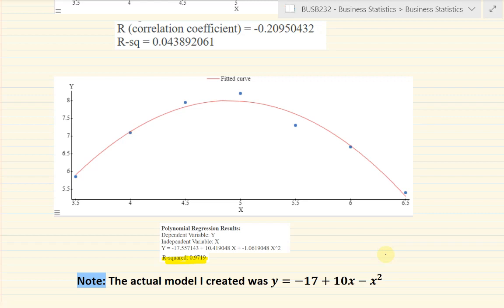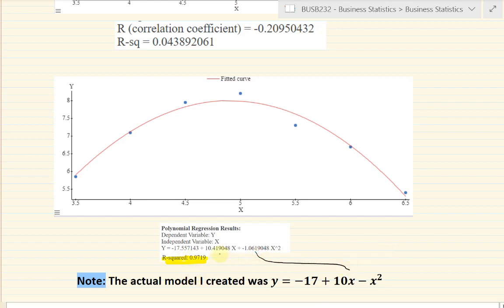I added some noise to this data at these levels, and that's how I got these points to plot. And then I told Minitab, okay, can you fit a line through this? Or not a line, I'm sorry. Can you fit a curve through this? And it did.